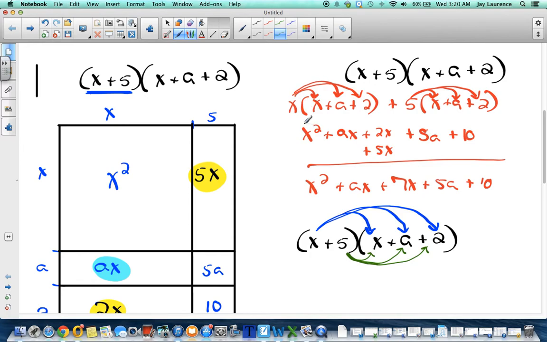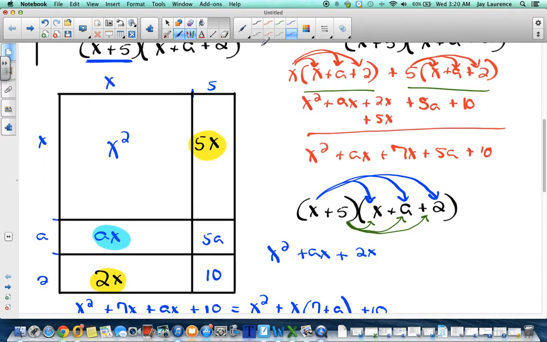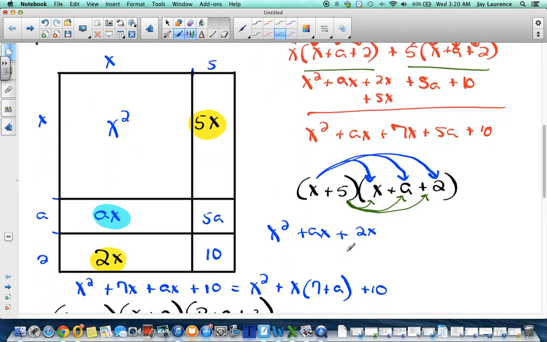I just broke it up into 2 distribution problems. Okay, it doesn't really matter which way you do it because you're doing the same thing. So when I distribute the x, I get x squared plus ax plus 2x. And then when I distribute the 5, I'm going to get 5x plus 5a plus 10. And you can see when I combine those like terms, I will get this same answer.